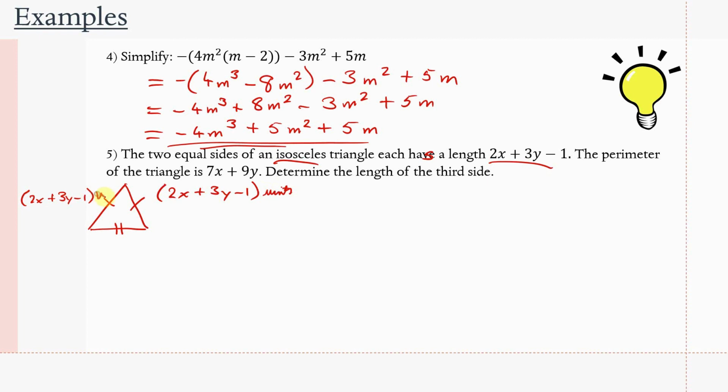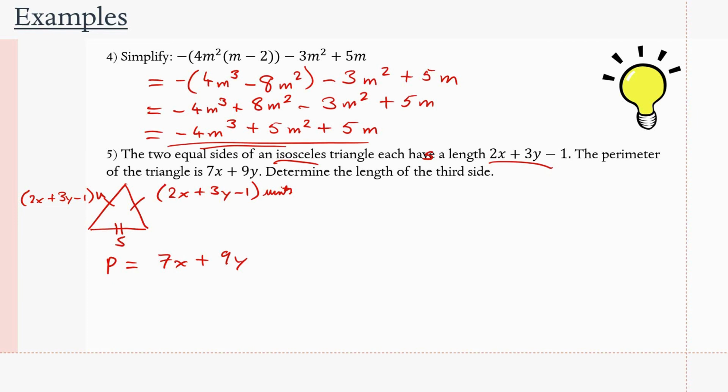Same with this one, units. Okay, let's read the rest of the question. The perimeter of the triangle is 7x plus 9y. Determine the length of the third side. So we have the perimeter, which equals 7x plus 9y. And we have to find the length of this side, which we'll call S.